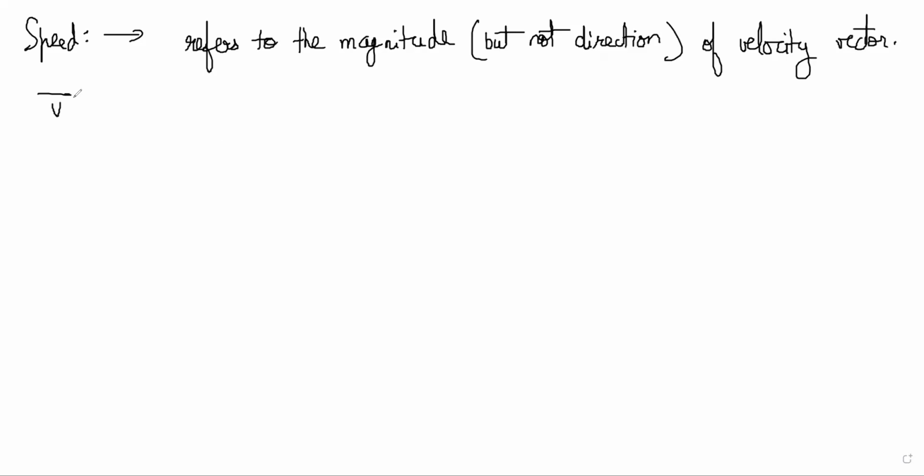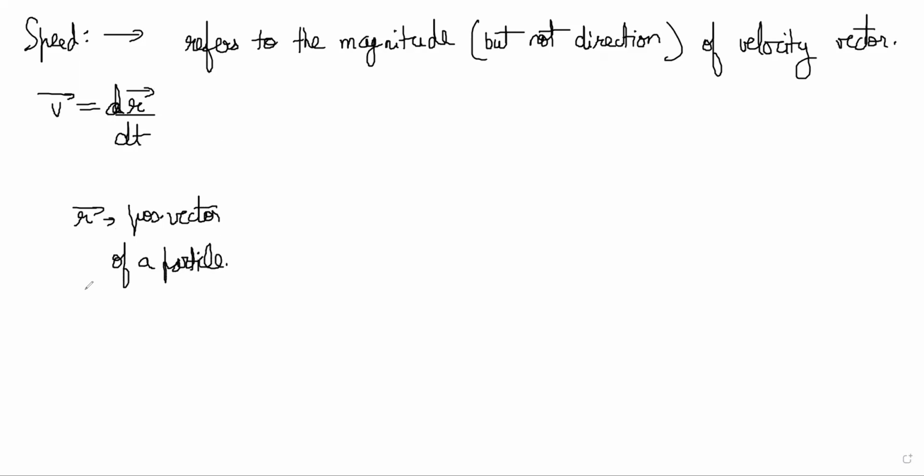If your velocity vector is dr by dt, notice that I have drawn an arrow over the r vector because this is the rate of change of the position vector. R vector is the position vector of a moving particle. So how fast does the position vector change? That gives you the velocity vector.